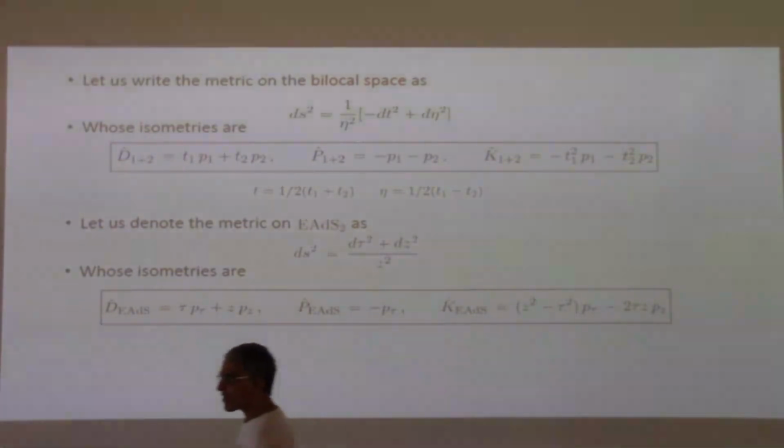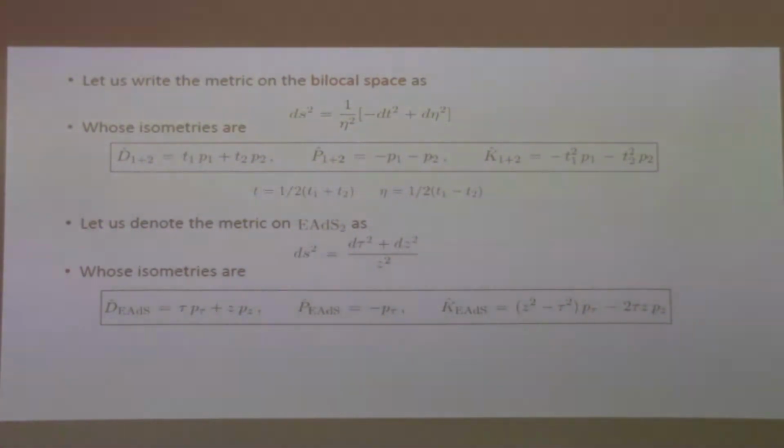So the issue is the following. As I said, both the Euclidean and the Lorentzian metrics have exactly the same symmetry. So let me write down the metric on the bilocal space, the same thing with different notation. And these isometries are written like this: the dilatation, the momentum, and the boosts, where t is again half (t1 plus t2) and eta is again half (t1 minus t2).